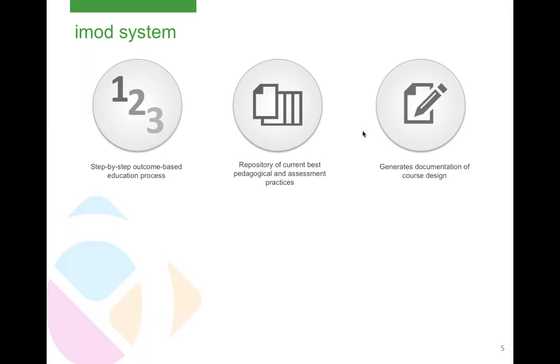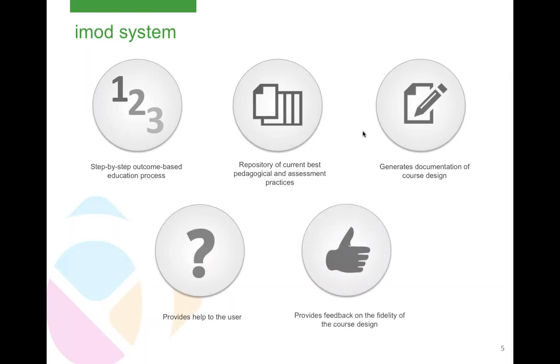We want this tool to generate documentation of course design so that there is evidence of continuous improvement as the course evolves over semesters. We also want it to provide help to the user, just-in-time help as and when it's needed, in an easy and simple manner. And most importantly, we want to provide feedback on the fidelity of the course design.